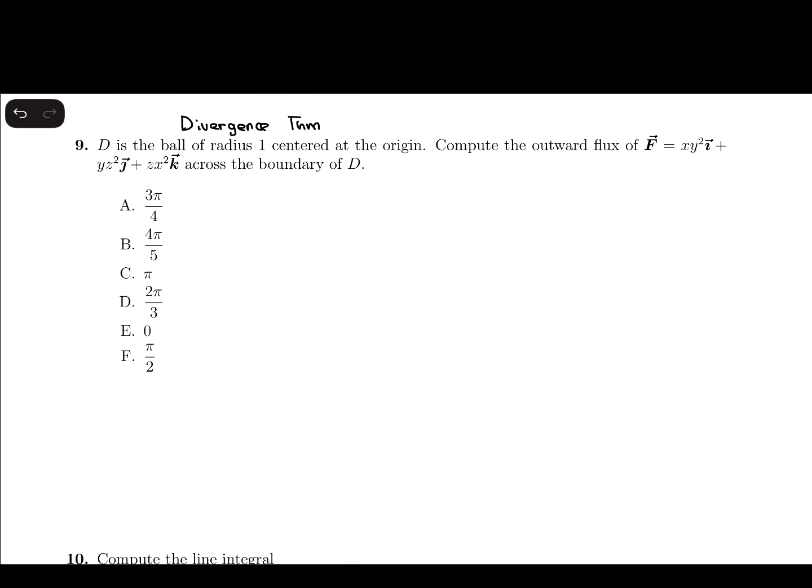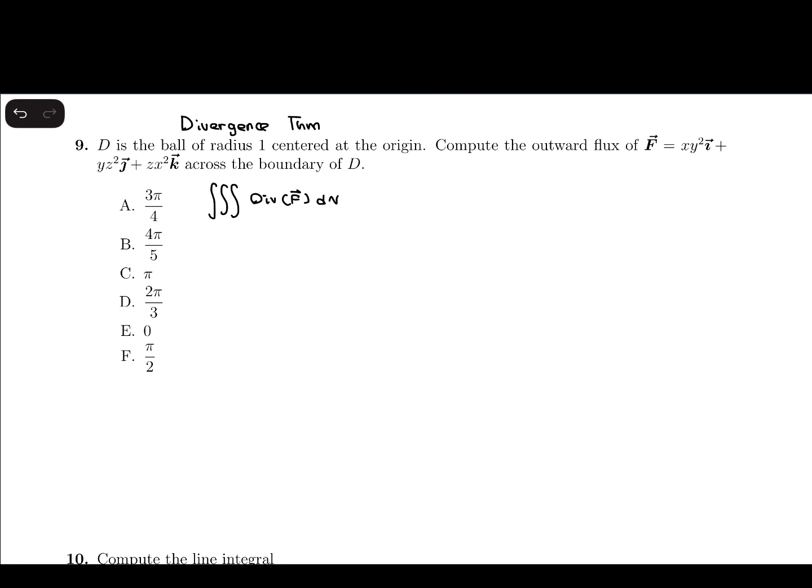We have to compute the triple integral of the divergence of F dV. This is actually the same kind of question as question 8.